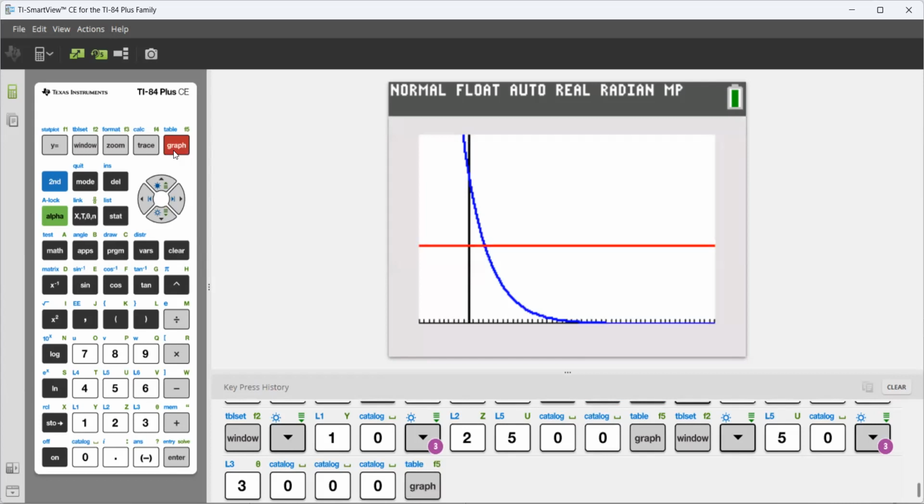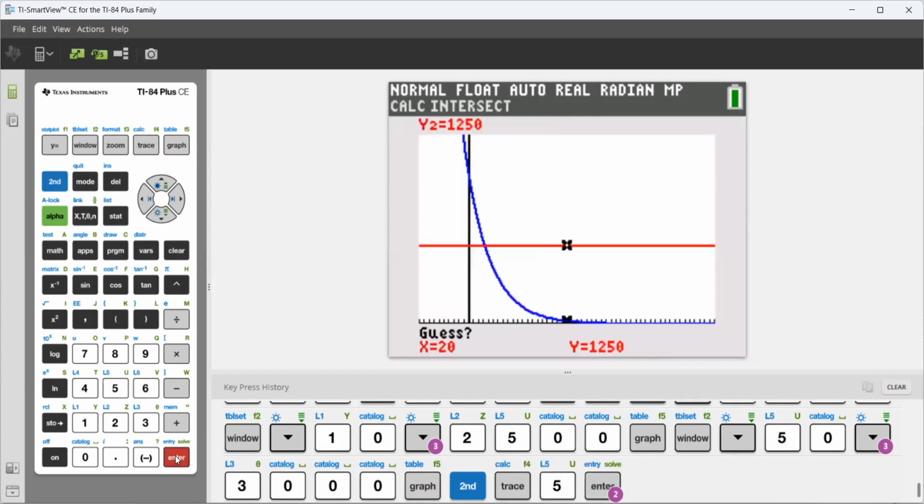Okay, this is better. Now to find my x, second trace, 5, enter, enter, enter. 3.16. Wow, 3.16. And then I draw my graph, and put your window there.